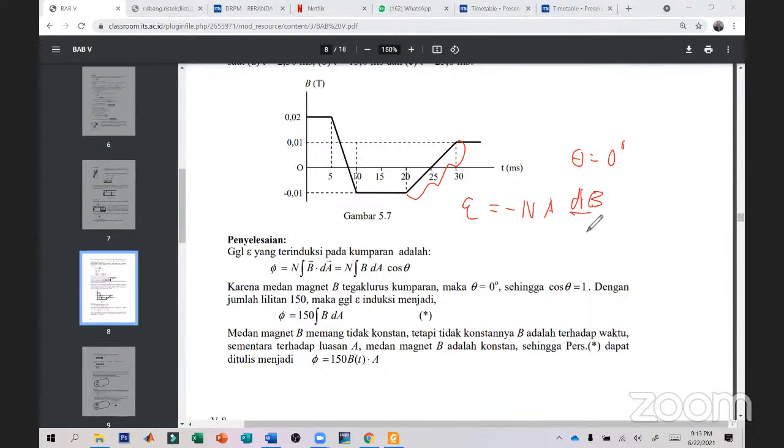Nah, di dB/dt ini bisa diganti B ketika 30 kurangi B ketika 20, divided by 30 millisecond minus 20 millisecond. But you have to convert millisecond to second ya. Nah, ini bisa dihitung sendiri.